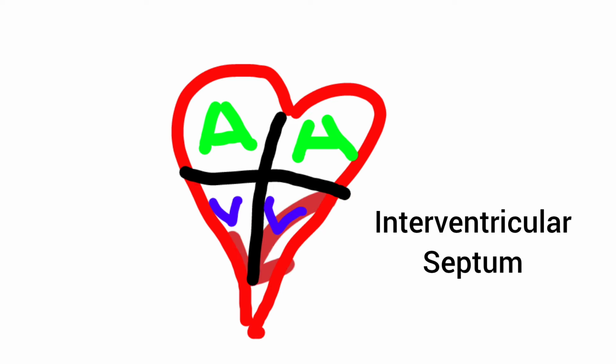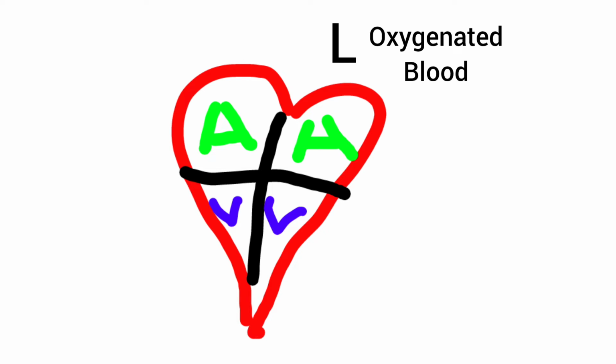The septum is very important because remember that on the right side of your heart we have the deoxygenated blood. So the blood that flows on the right is deoxygenated, while the blood that flows on the left is oxygenated.